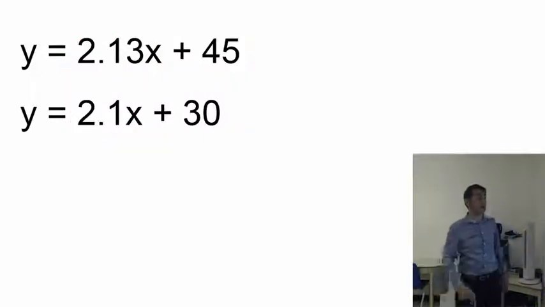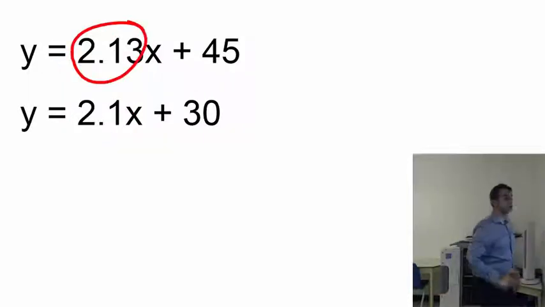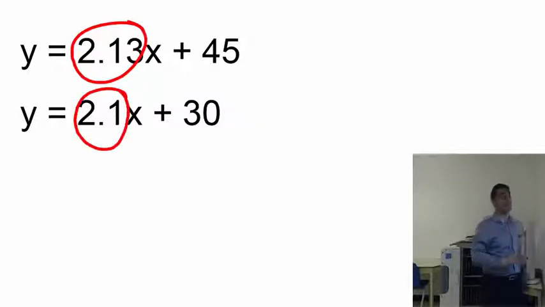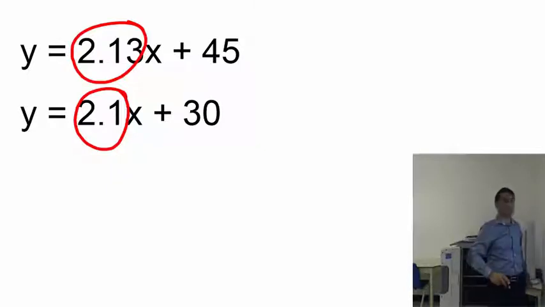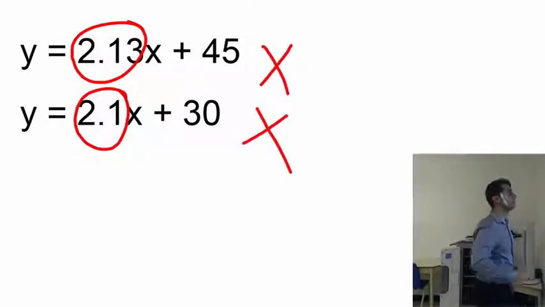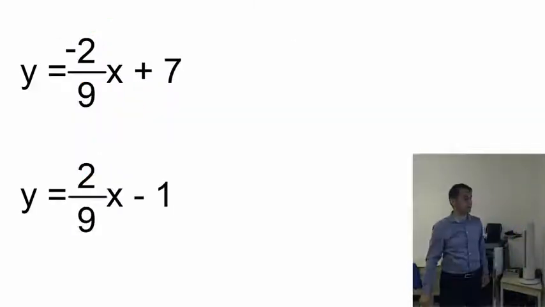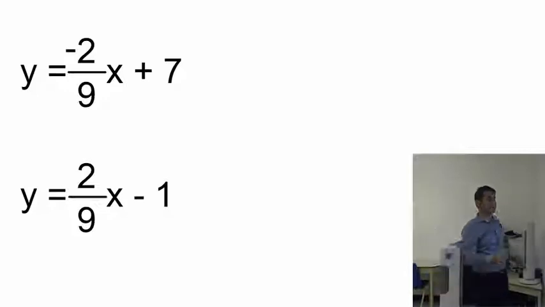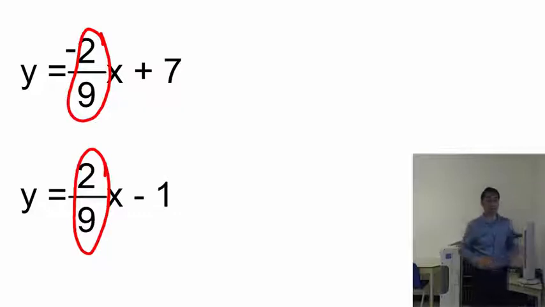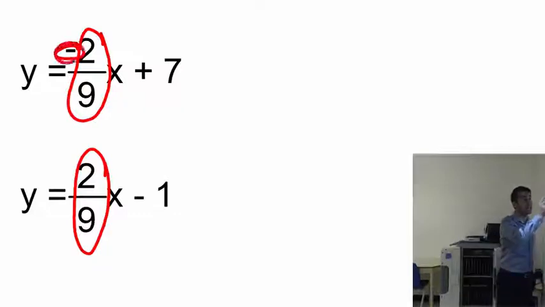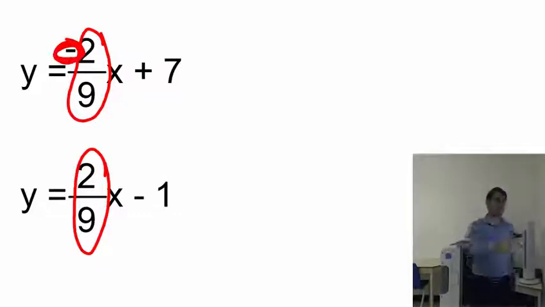Over here, I have 2.13. Over here, I have 2.5. Well, they are very close, but they are not parallel. And over here, I see the fraction 2 over 9, I see the fraction 2 over 9, they are the same, but we got the negative sign here. They are not parallel.